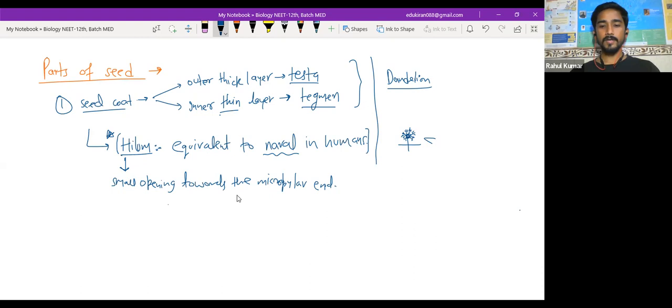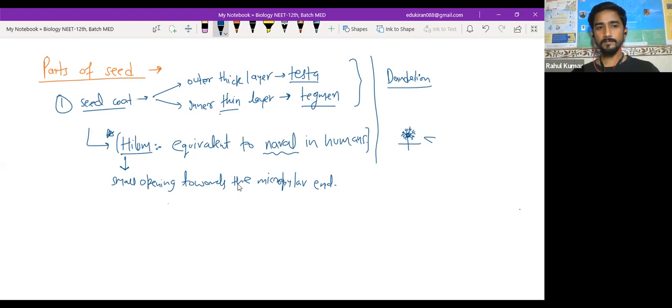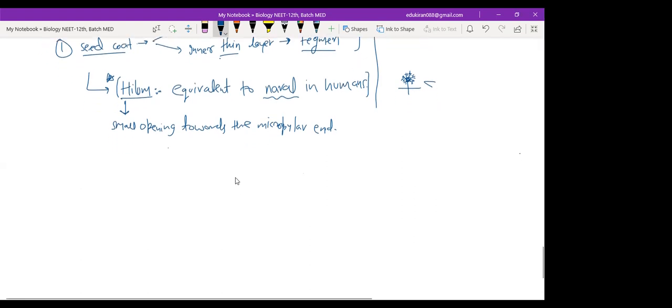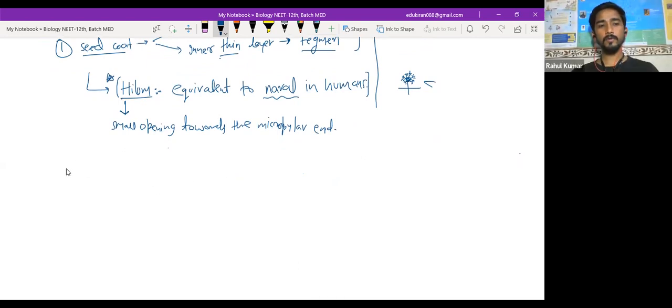I think this was the last point, right, Arpit? Yes, sir. I told you that today we'll be talking about the other two parts, endosperm and embryo. So after the seed coat, the second part of a seed is the endosperm.